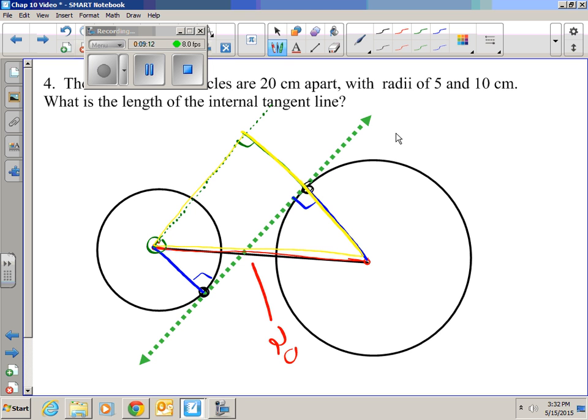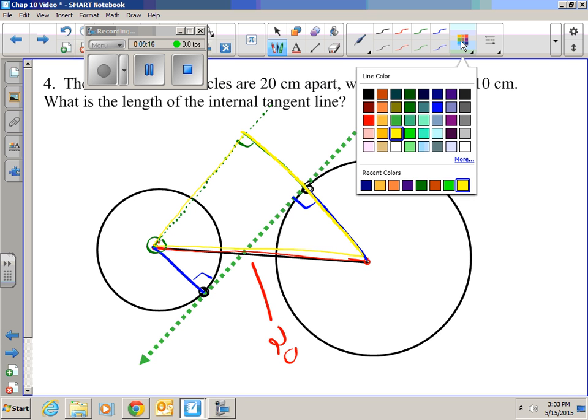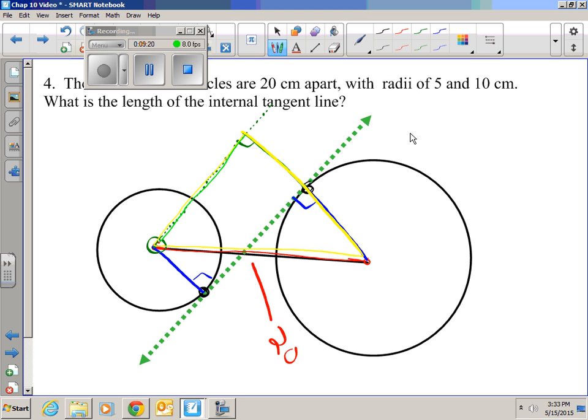Okay? And I also have created a rectangle, which you can see. I'll put that in bright green right here. So all my rectangle properties still apply. I am looking for the length of the common internal tangent.